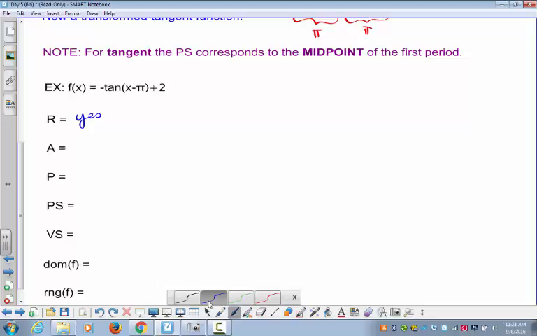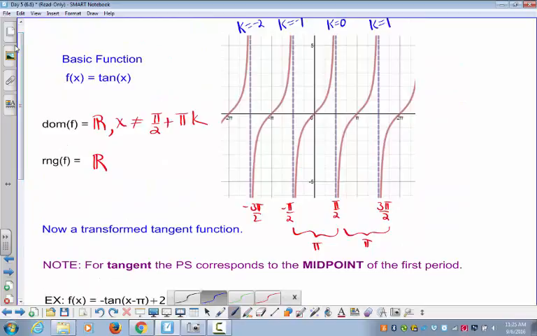What's the definition of amplitude? So the definition is how far up or how far down it goes from the center line. The way you calculate it is to take the absolute value of the leading coefficient. So if we think about our definition, it's the maximum distance you go above or maximum distance you go below, and then you look at this graph, does it make sense to talk about amplitude for a tangent function?